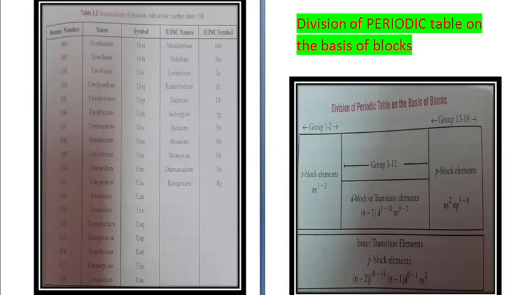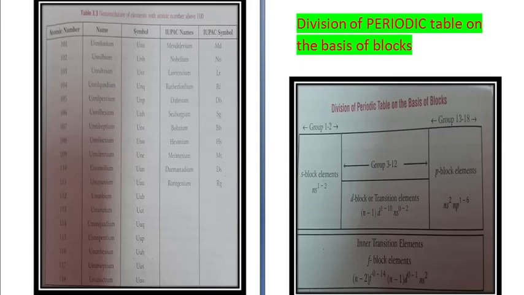So un, nil, un, and in the end you have to add ium. So the name will be unnilunium, and the symbol will be u for 1, n for 0, and again u. So Unu, that will be the symbol.